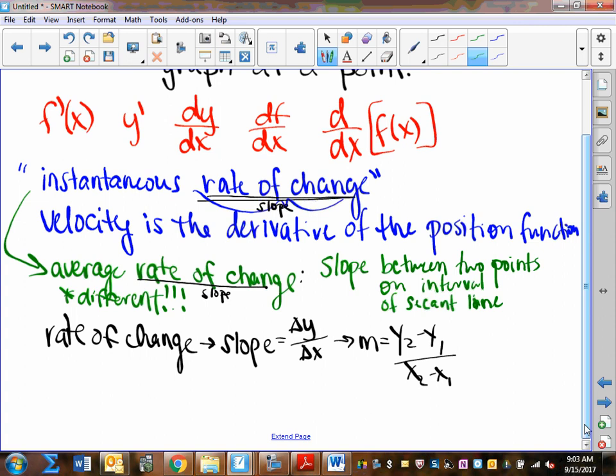Average means go back to Algebra 1 and use your good old-fashioned Algebra 1 slope formula. Hopefully you have fond memories of Algebra 1, and you're like, oh yes, let's go back to middle school. So instantaneous versus average are definitely different things. Instantaneous is my derivative.